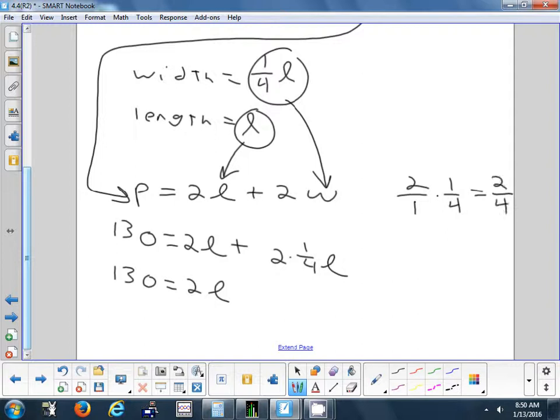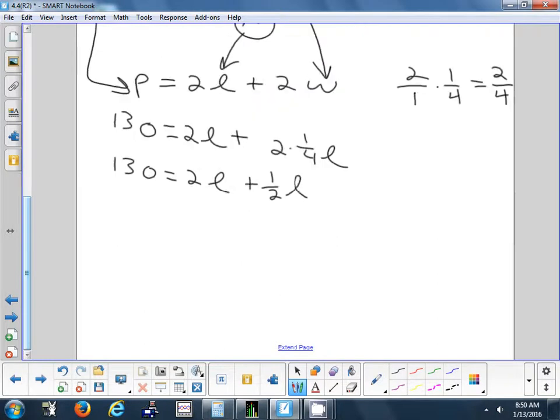Yeah, good. And if you want, you can reduce 2/4 to 1/2. Good. So now we have 130 equals 2L plus 1/2 L. Now I've got my like terms.